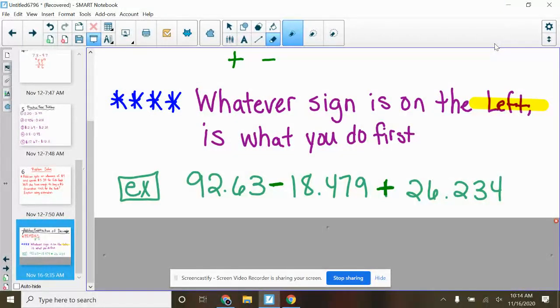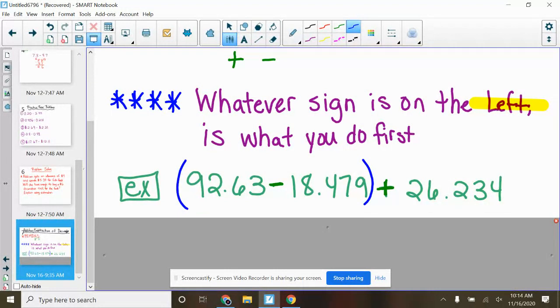So in this particular problem, what math operation is on the left? Cassidy? Subtraction. So that's why I took my little blue marker and drew parentheses around the math problem that's on the left, because that's the stuff I have to do first.